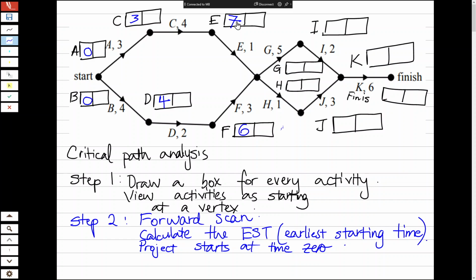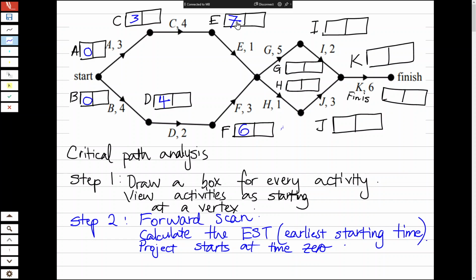This is where we have to start being careful. Because notice now, at this vertex here, there are 2 edges coming in. So the question is, activities G and H, right?